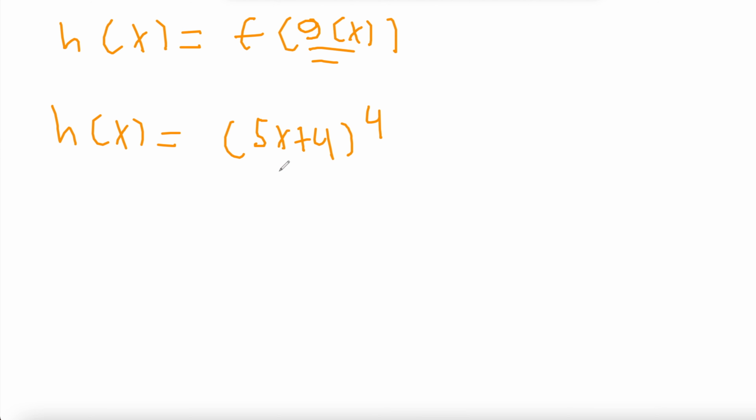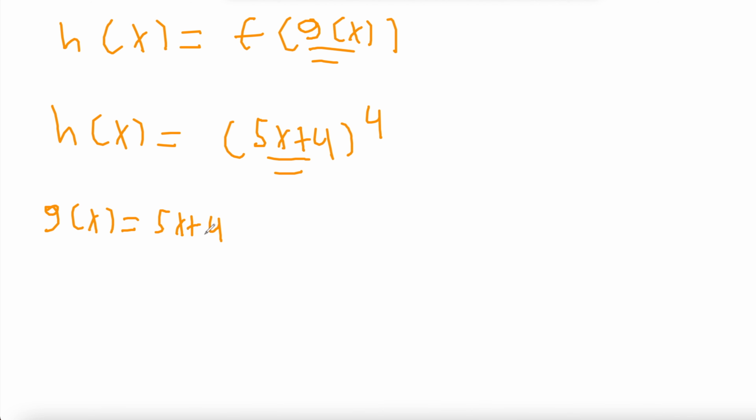And in this case, 5x plus 4 is our inner function. So in terms of our g of x, based on this formula here, g of x is equivalent to 5x plus 4.